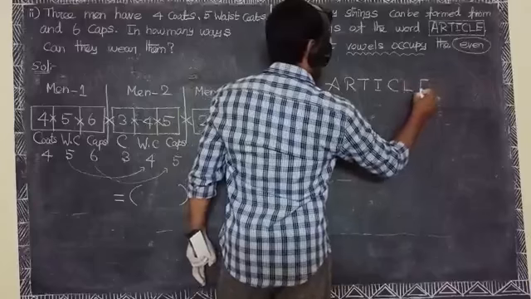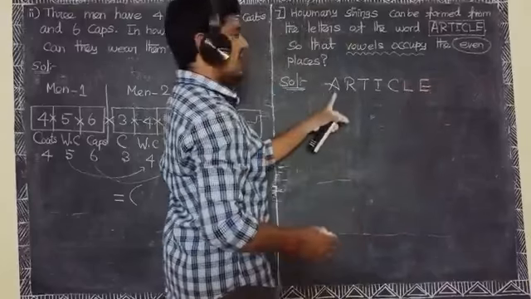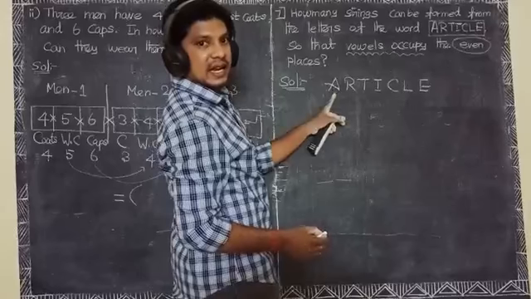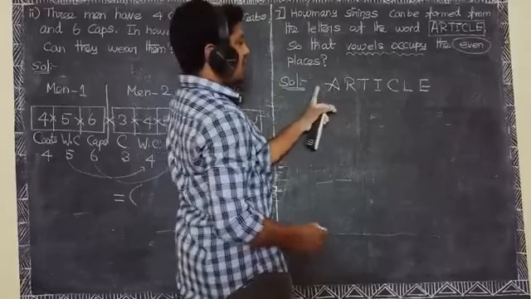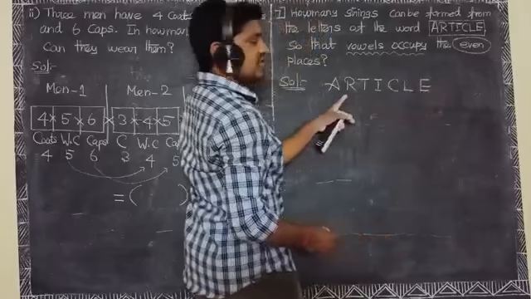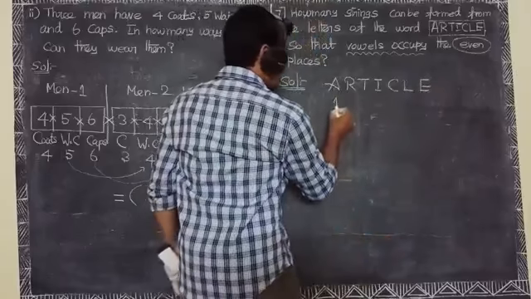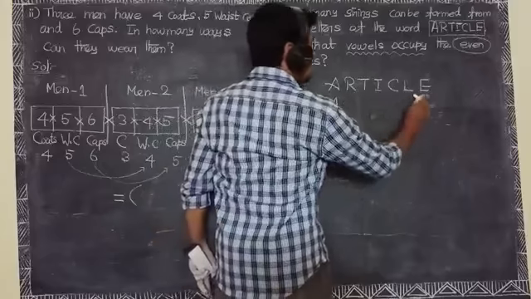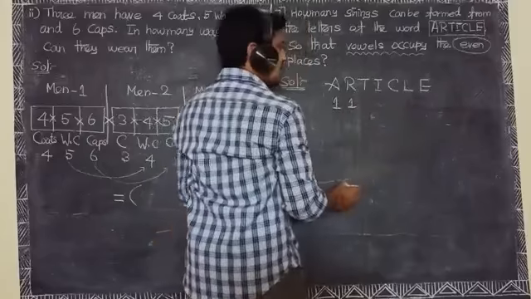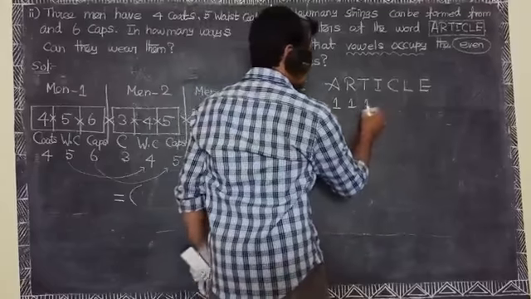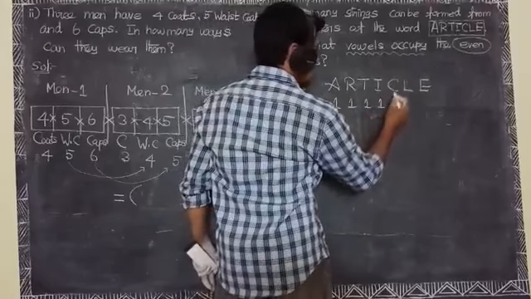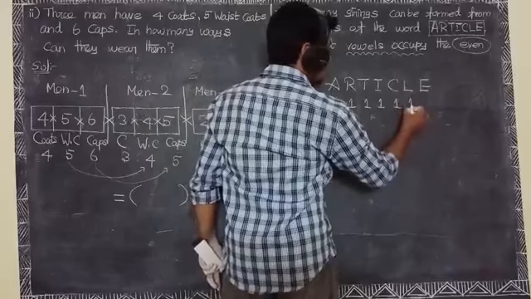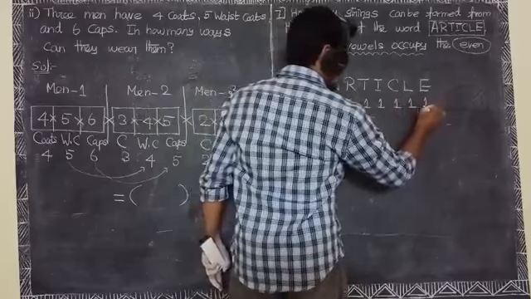Letter A is present only once, R only once, T only once, I only once, C only once, L only once, E only once.